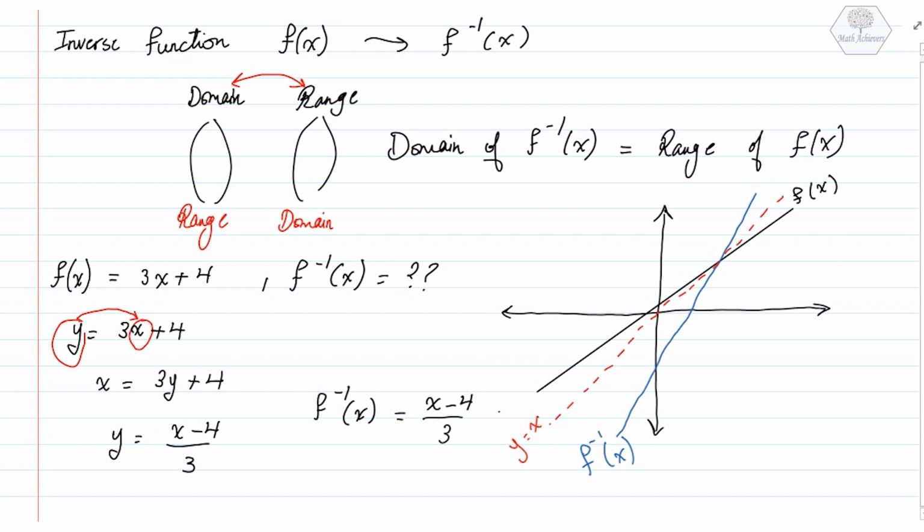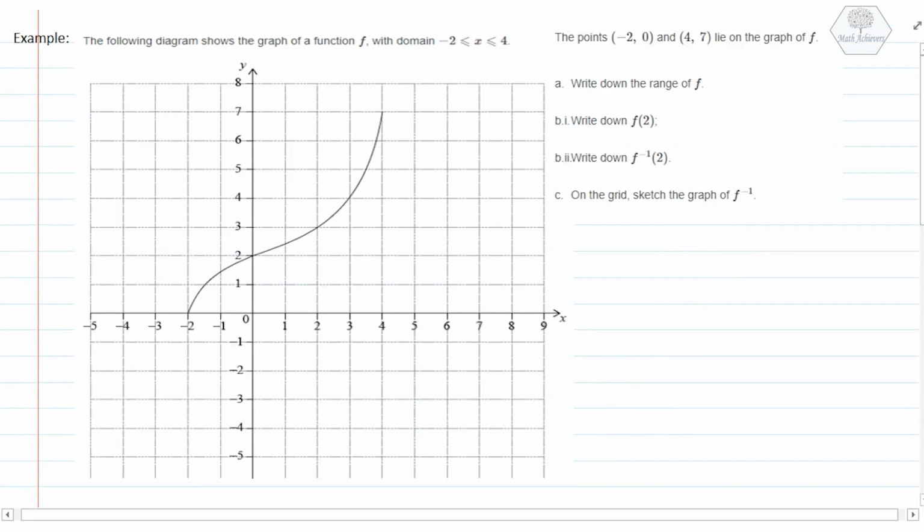Now we can go and solve a question from the question bank. The question says the following diagram shows the graph of the function f with the domain x from -2 to 4. We can see that the domain, which are the x values, is from -2 to 4 for this function. The points (-2, 0) and (4, 7) lie on the graph. Write down the range of f.